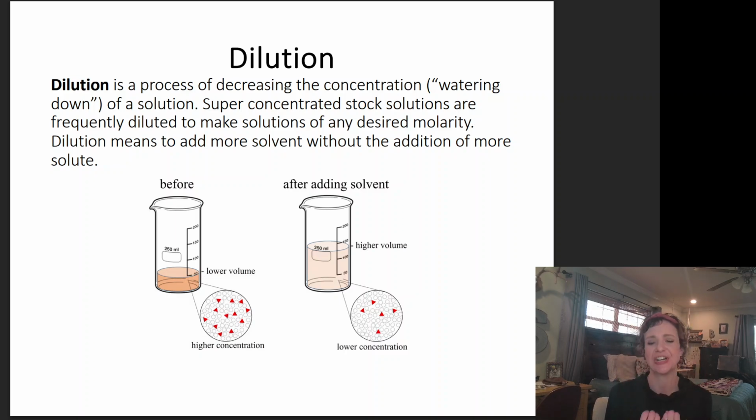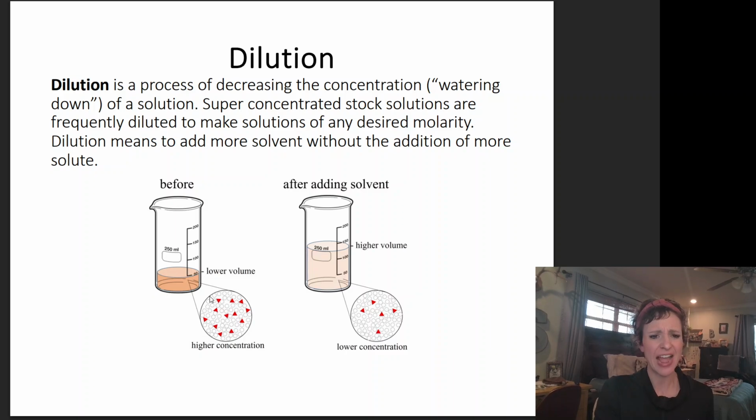Super concentrated stock solutions are frequently diluted or watered down to make solutions of any desired molarity of a lower concentration. Dilution technically means to add more solvent without changing or adding the amount of solute that is already in there, okay? And so typically in solution chemistry, well, pretty much always, our solvent is going to be water. This is why I think of dilution as watering down.